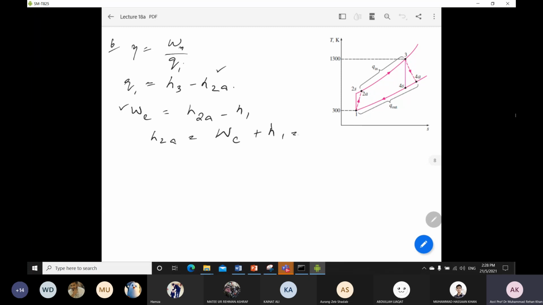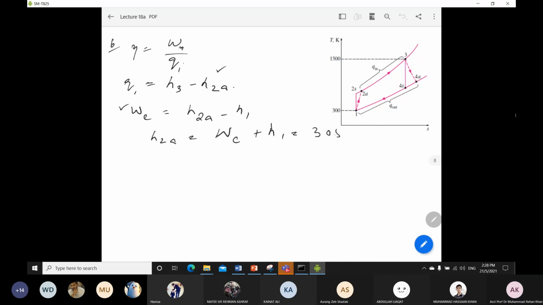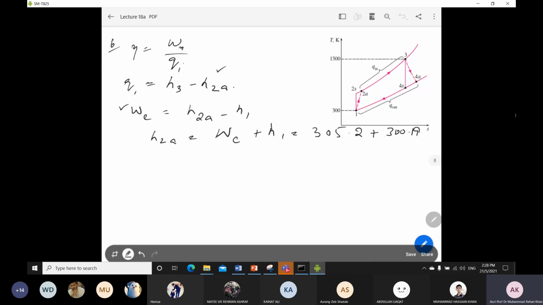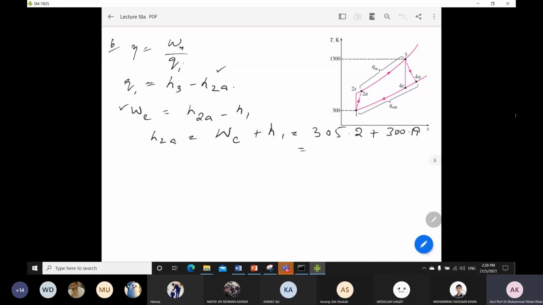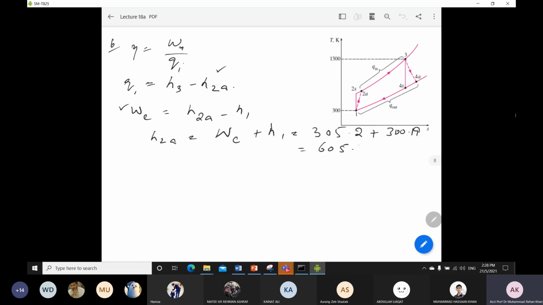The value of WC is 305.20 plus 300.19, which is the H1 value from example 9-5. Simply solving it, you will get the value of H2A as 605.39 kilojoule per kg.